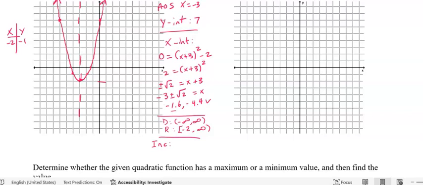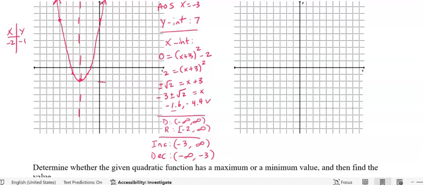So it will start increasing where x is -3. It's not increasing at -3, so don't bracket that. So from -3 to positive infinity, it will be increasing. And then for decreasing, it's going to be coming from the other side, from -infinity to -3.